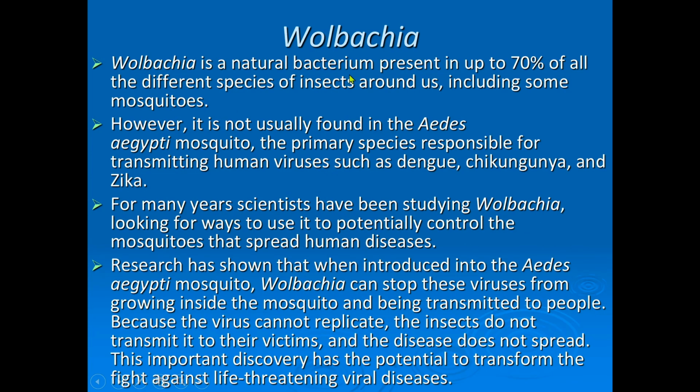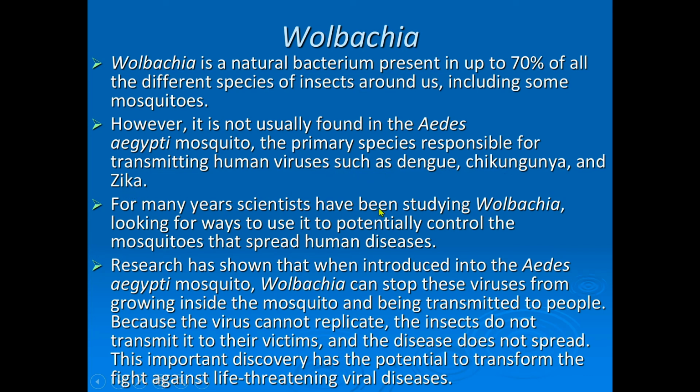Wolbachia is a natural bacterium present in up to 70% of all different species of insects, but it is not found in Aedes aegypti, the primary species responsible for human viruses such as dengue, chikungunya, and Zika virus.